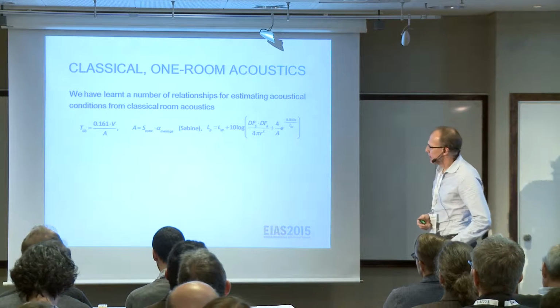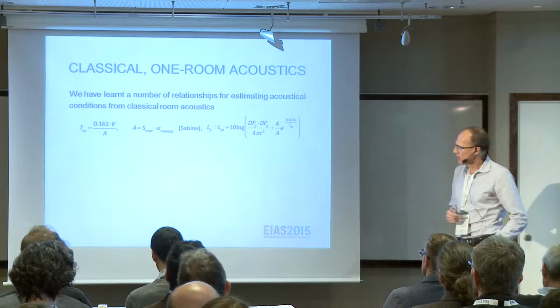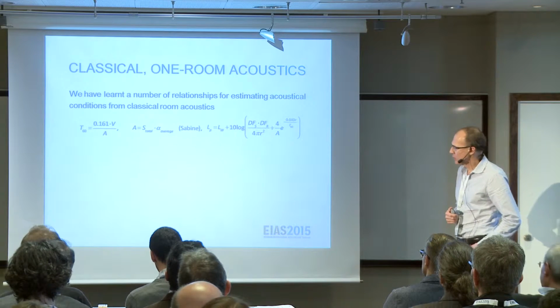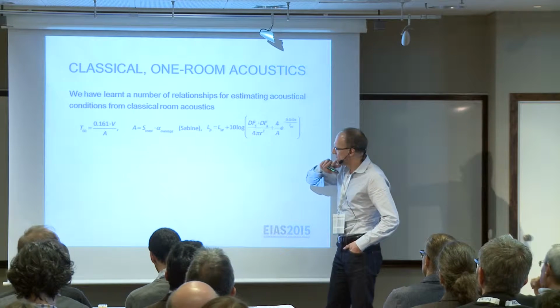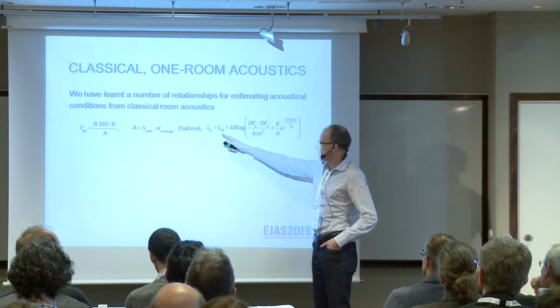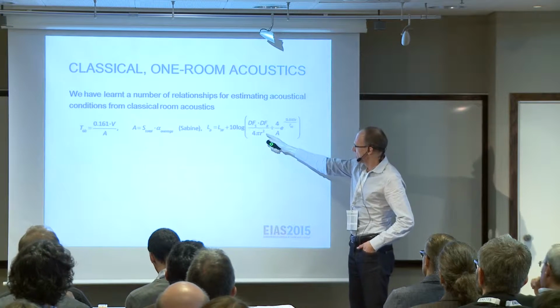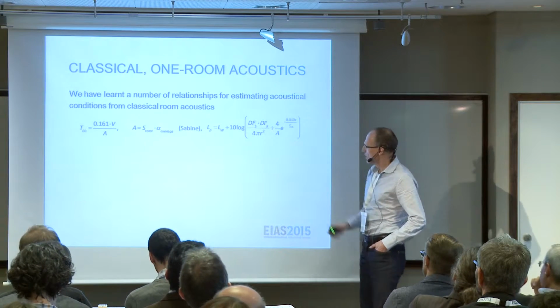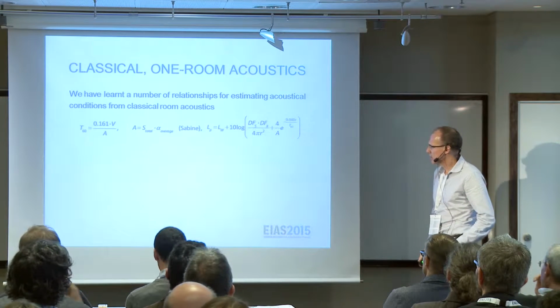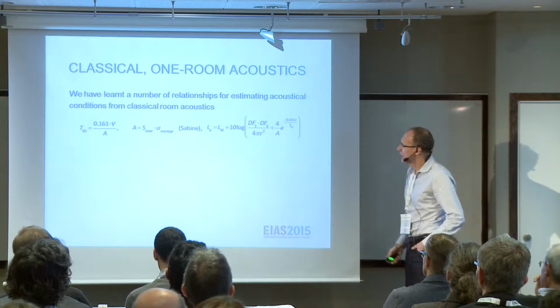So again, a little bit of a recapitulation of what Erling showed before. We see the classical basic relationships. For instance, this one showing that the sound pressure level has the direct sound and the reverberation part with Barron's suggested range-dependent amplitude.